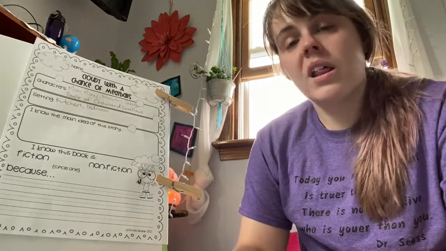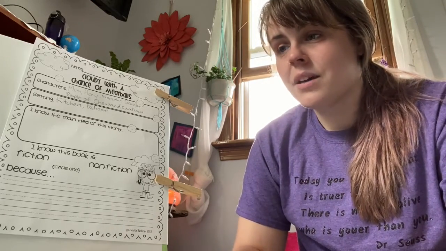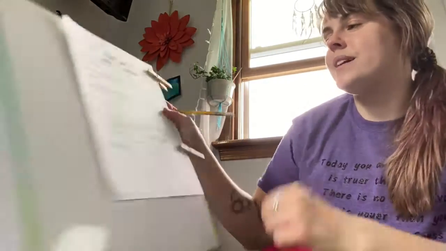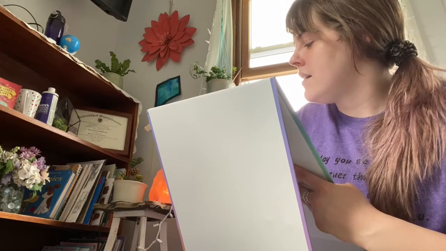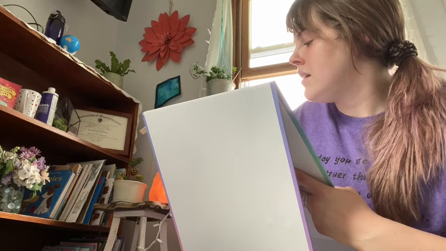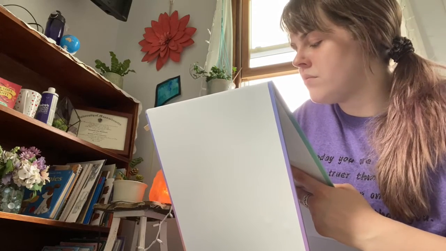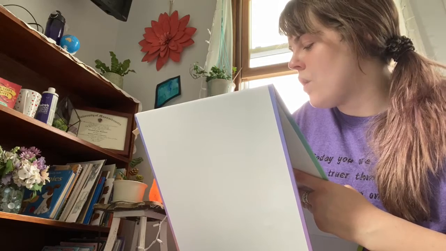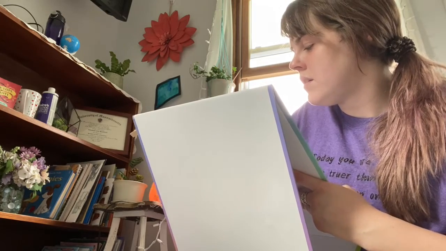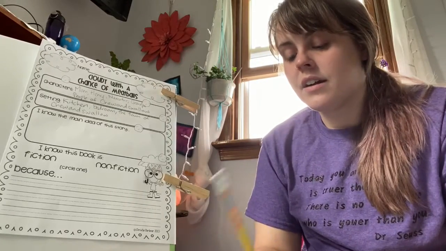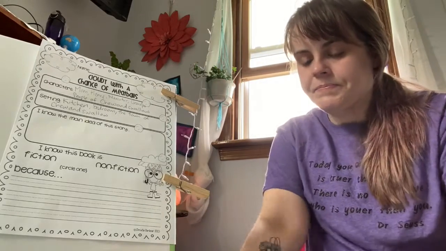So Chew and Swallow isn't a real place, but in this book, it's one of the places where all the things in the story happen. So I'm going to write the town of Chew and Swallow. That's another setting in our book.